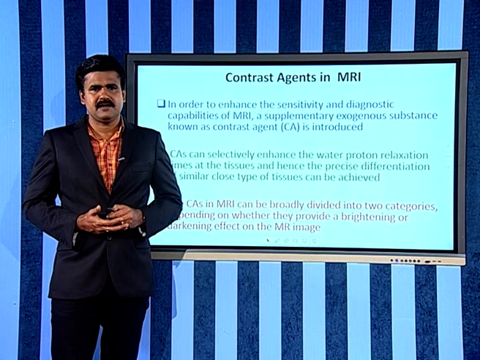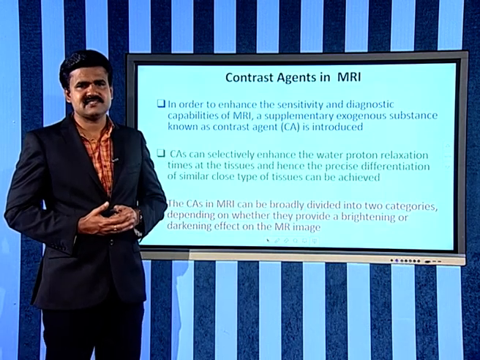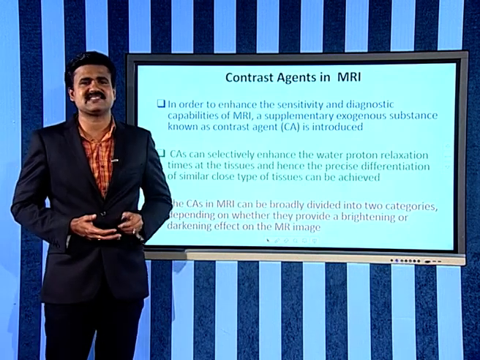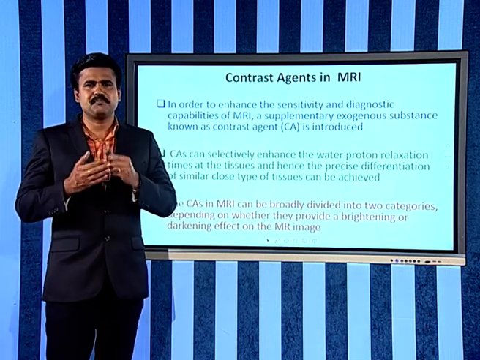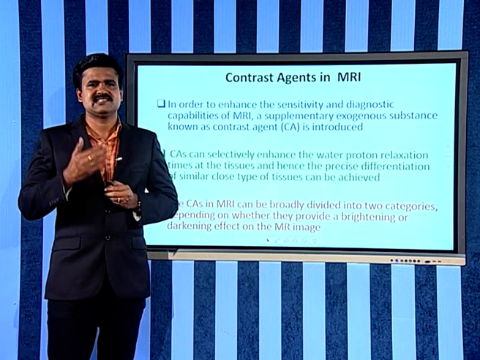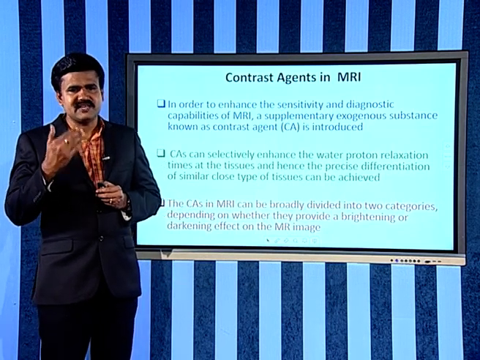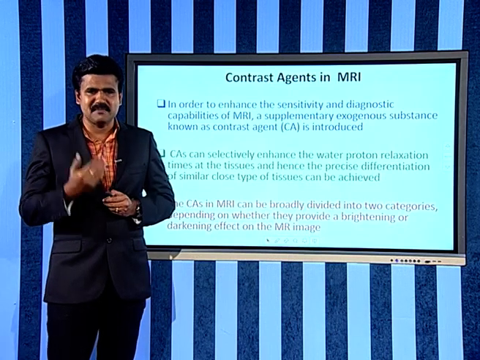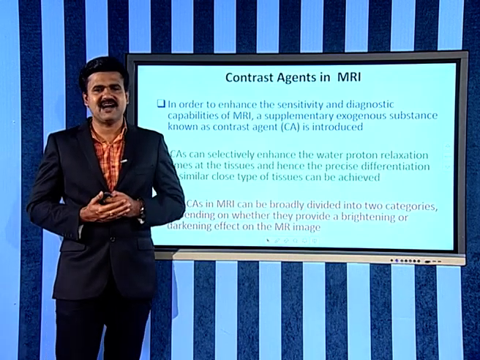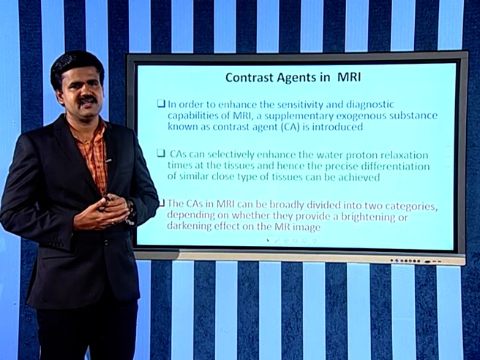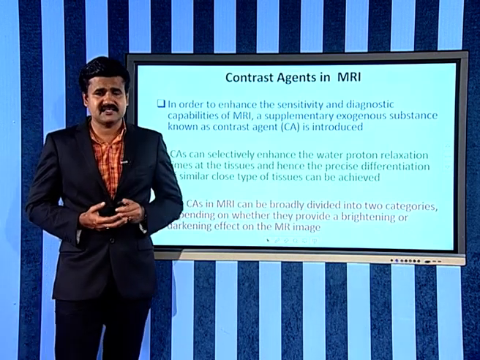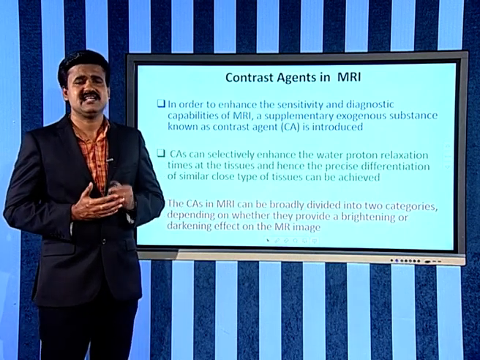Contrast agents can selectively enhance the water proton relaxation time in the tissues themselves, and hence precise differentiation of similar types of tissues can be achieved. The contrast agents in MRI can be broadly divided into two categories depending on whether they provide a brightening or darkening effect on the final MRI image.